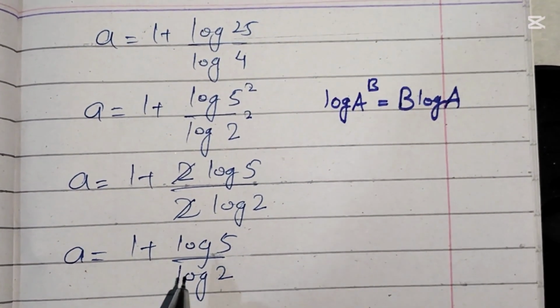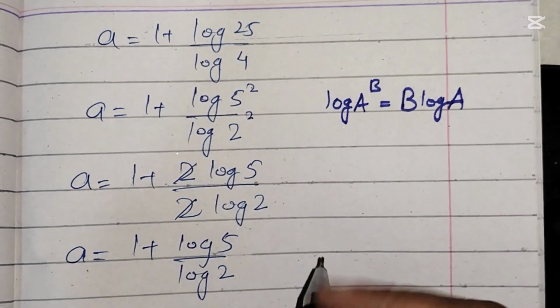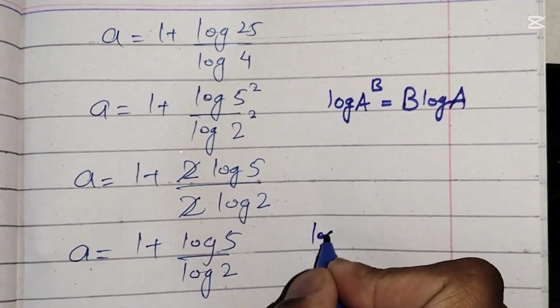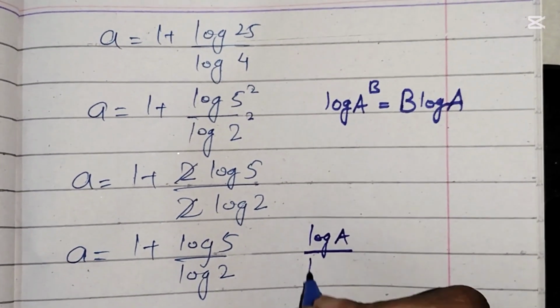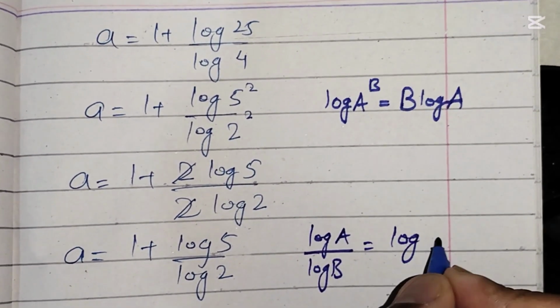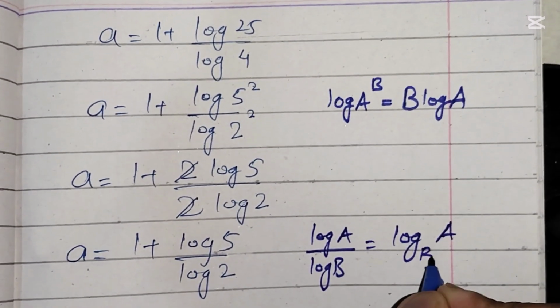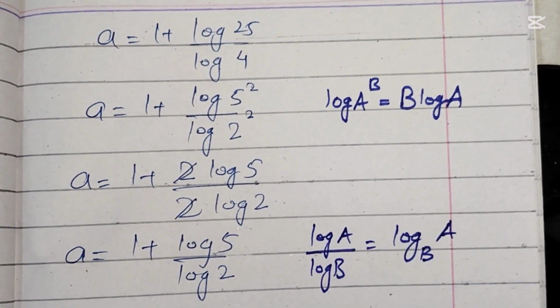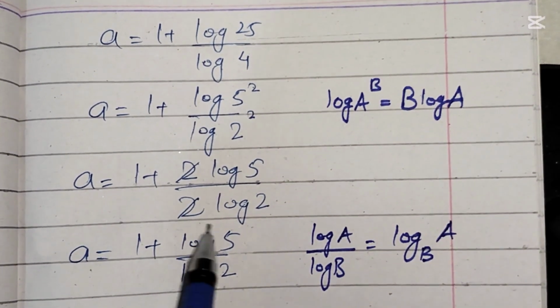Now we will use another formula of log, that is log of a over log of b can be written as log of a with the base b. We will use this formula in this complete term.